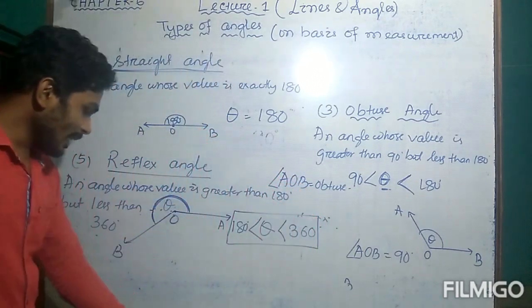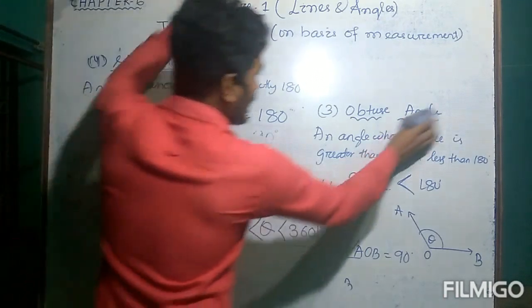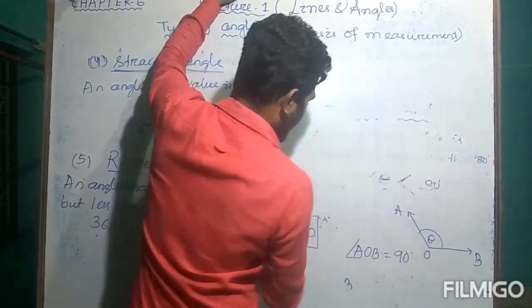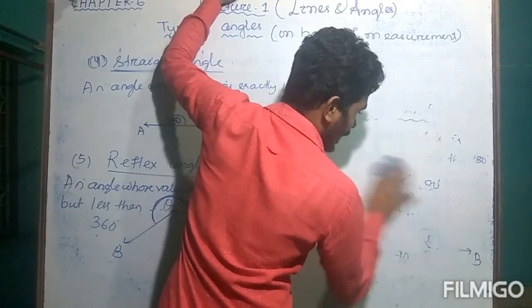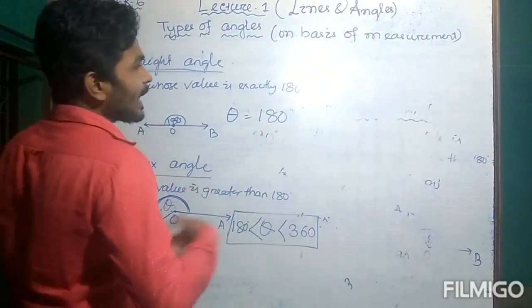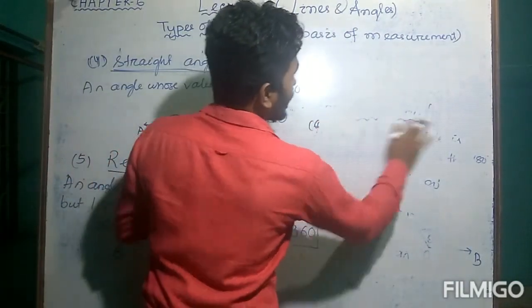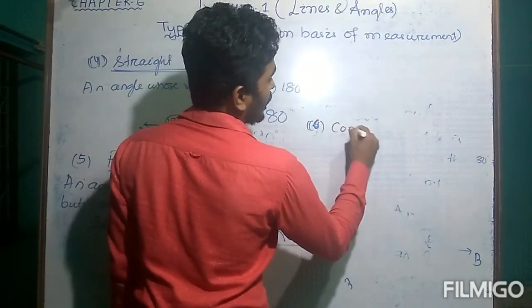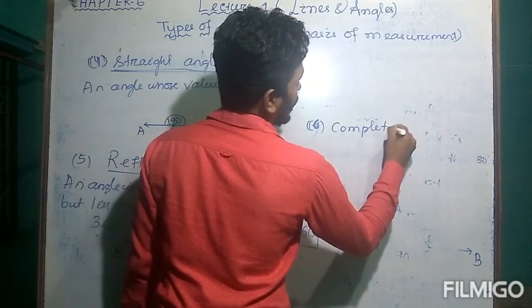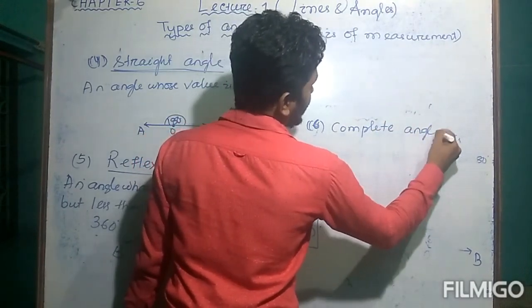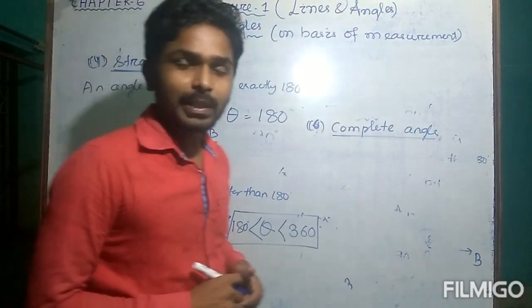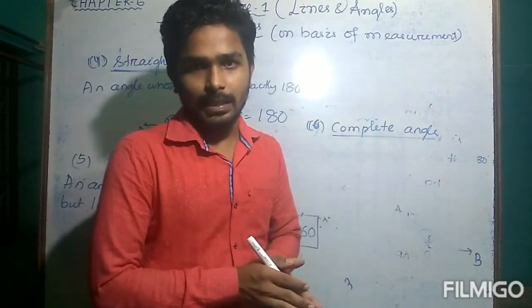So the last but not the least is complete angle. Our sixth angle is complete angle. What are the complete angles? An angle whose value is exactly 360 degrees.